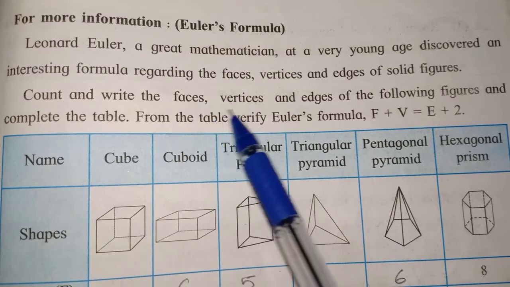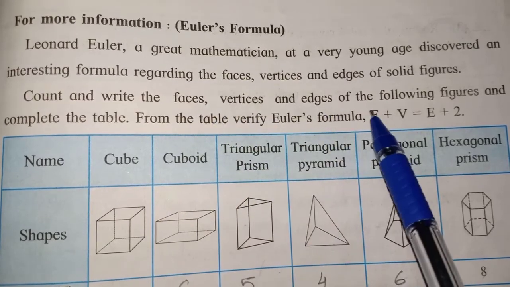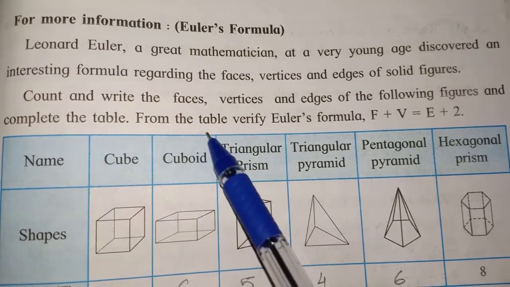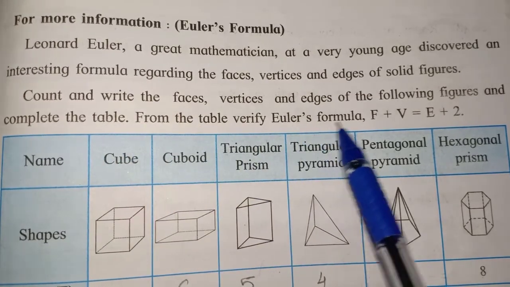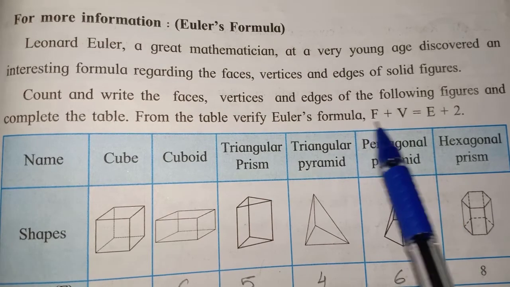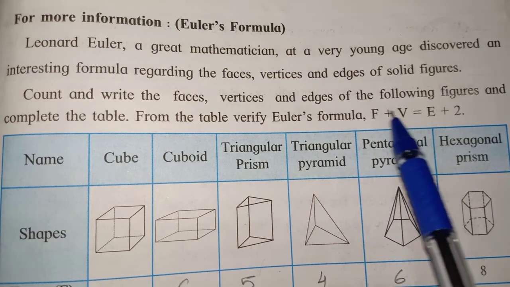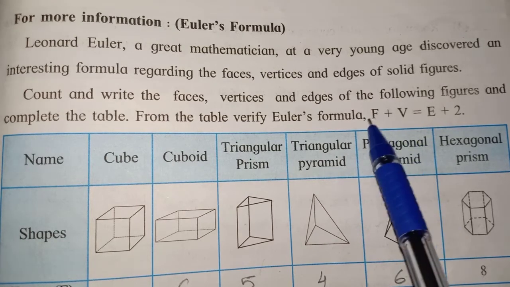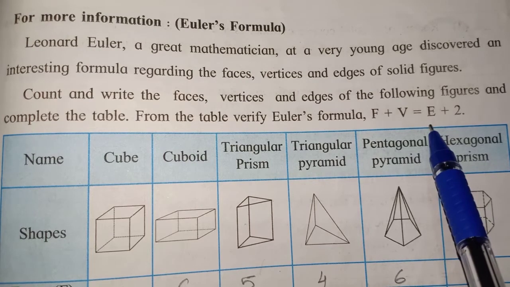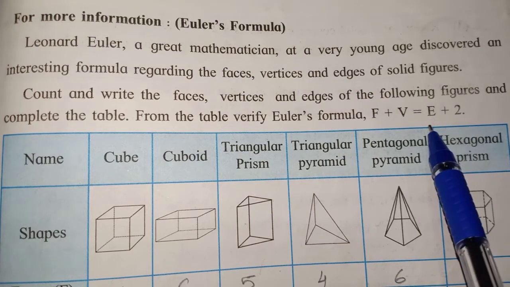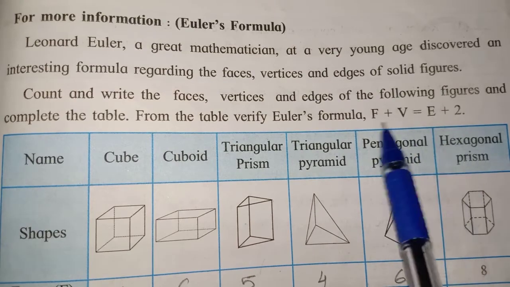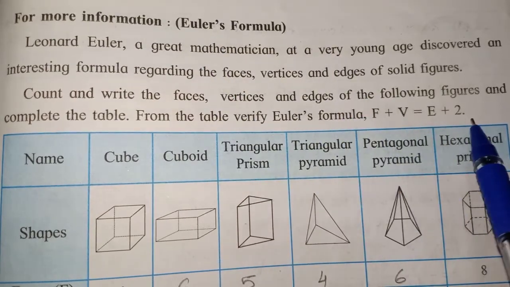Count and write the faces, vertices and edges of the following figures and complete the table. From the table, verify Euler's formula, that is F plus V, where F is faces and V is vertices, so number of faces plus number of vertices is equal to E, which means edges, number of edges plus 2. We have to verify this formula and this is called Euler's formula.